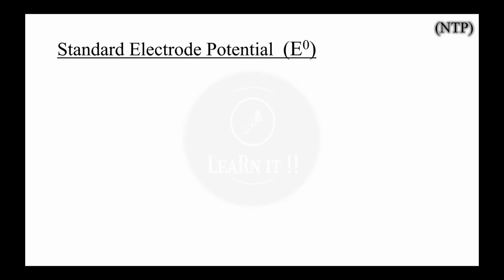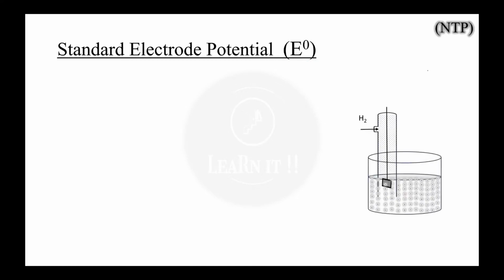So in conclusion, we can see a standard electrode potential, which is represented by the symbol E0, which is always calculated at NTP. So with respect to hydrogen, E0, that is hydrogen converted into cation, means oxidation.